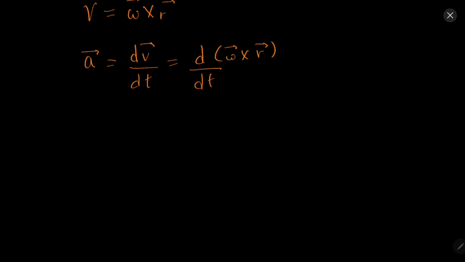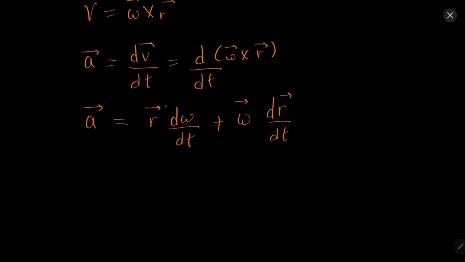Okay. Then next let's differentiate it. So now we will use the product rule here. We will first differentiate omega and then differentiate r. So we can write it like this: r is constant and d omega by dt, plus let's consider omega constant and differentiate with respect to r.